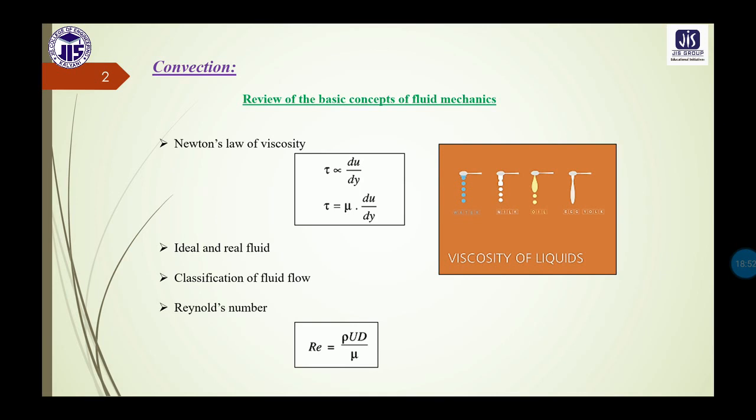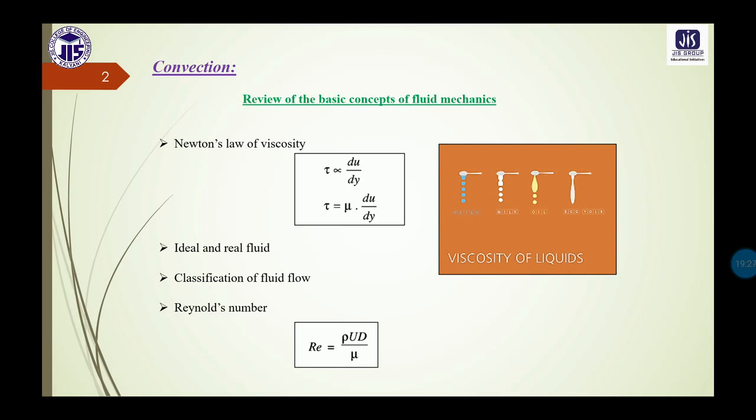From 3.2 into 10 to the power 5 up to 5 into 10 to the power 5, the fluid flow is unpredictable, the transition zone. And when the Reynolds number is greater than 5 into 10 to the power 5 in case of a flat surface, the fluid flow is of turbulent nature. All these things regarding the boundary layer theory concept will be discussed in detail in the next lecture.